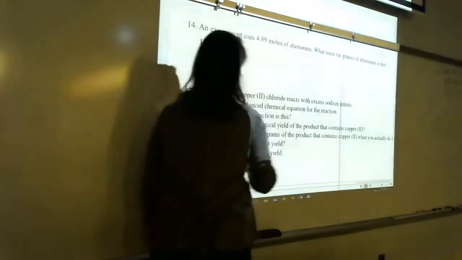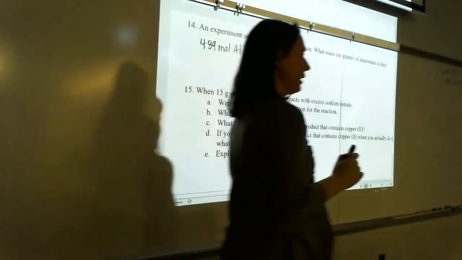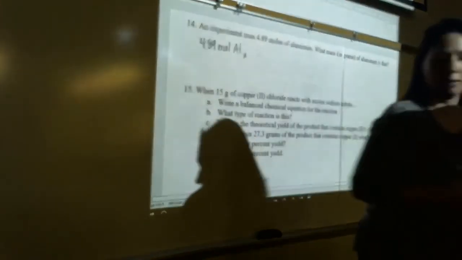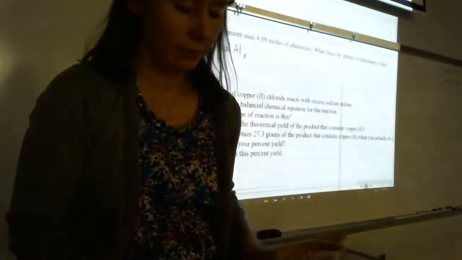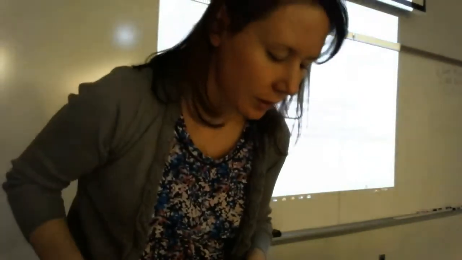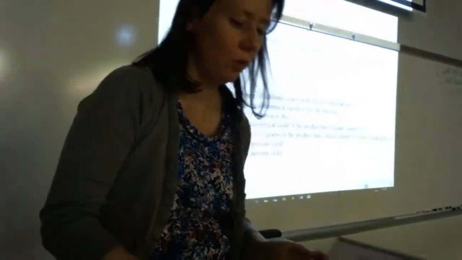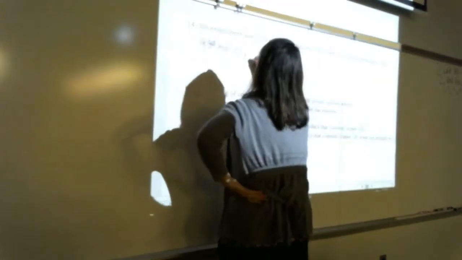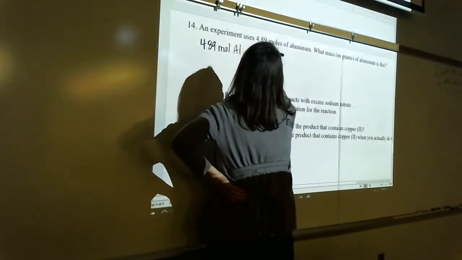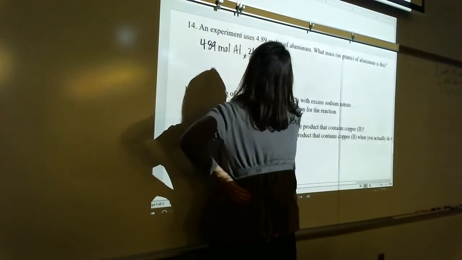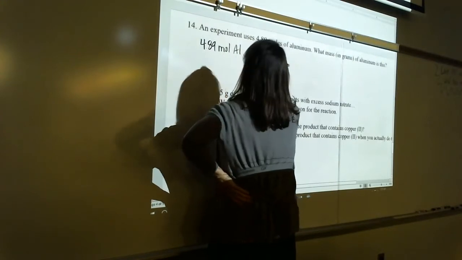What do I use? Molar mass, right? Aluminum's molar mass is 26.9815 grams per 1 mole.